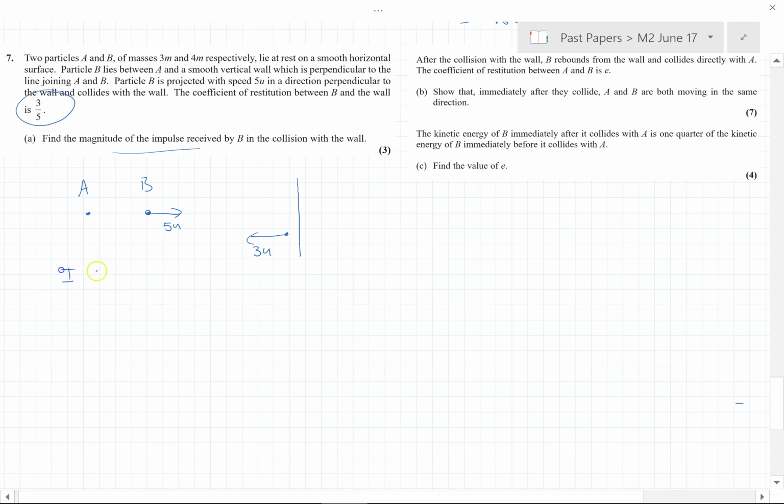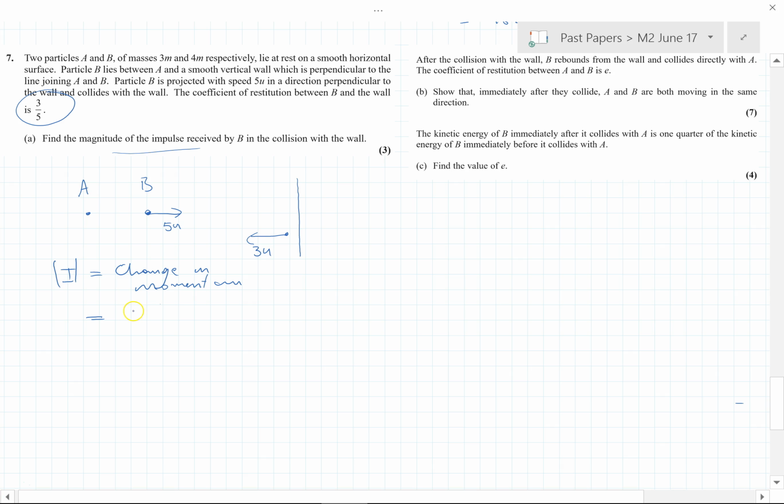And then it's just to find the impulse. The magnitude of impulse is equal to the change in momentum. So we just add these two together because they've changed direction, and we only want the magnitude of it.